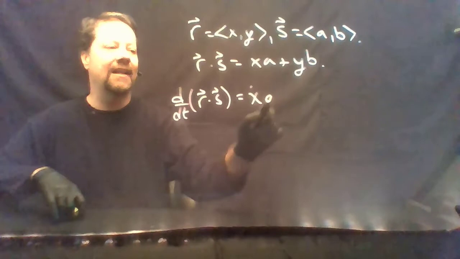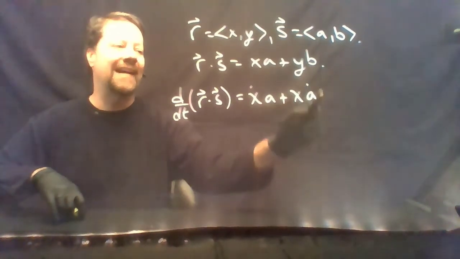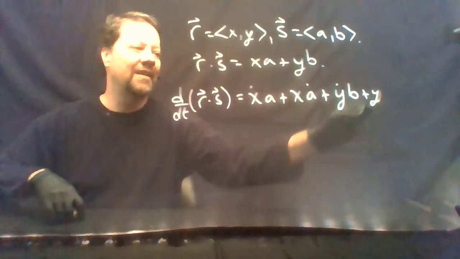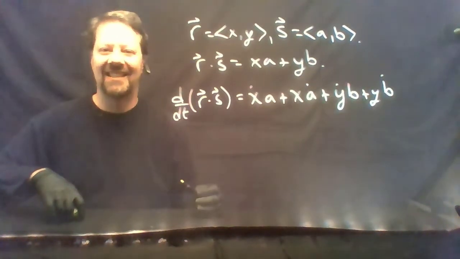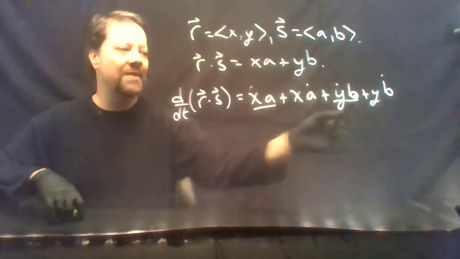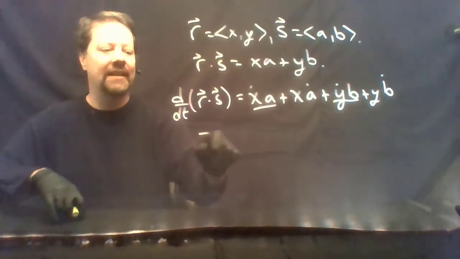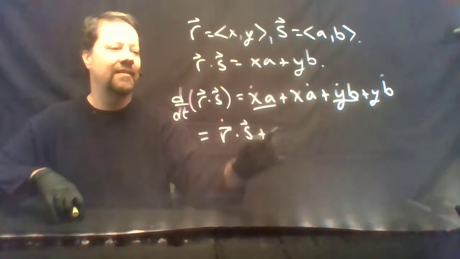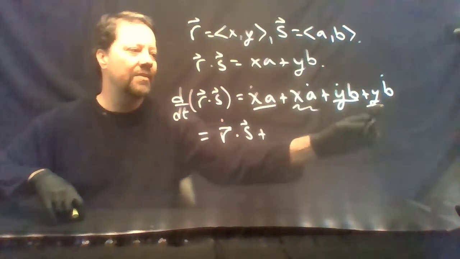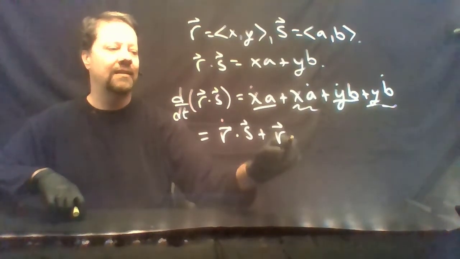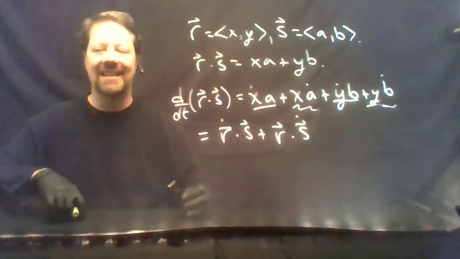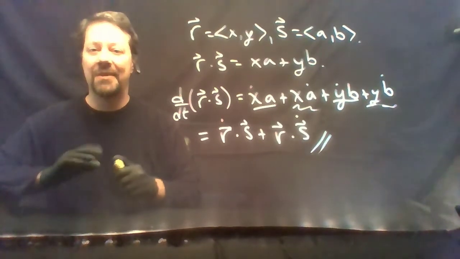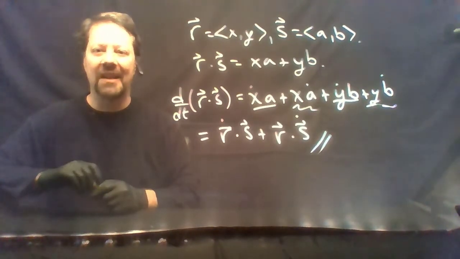It's going to be x' a plus x a' plus y' b plus y b'. Now, if we collect the terms that have a prime on the x and the y together, that's going to be r' dot s, and then the remaining terms will represent r dot s', proving the product rule, the Leibniz rule, for the Euclidean dot product.